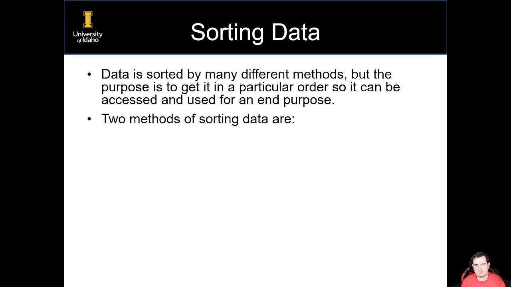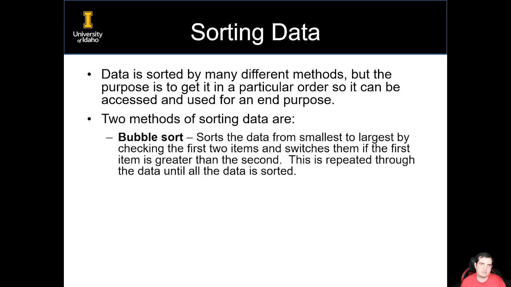Data is sorted in a lot of different ways, but the overall purpose is to get a particular order so that we can access it and use it for an end purpose. There are 2 methods of sorting data. Well, there's more than 2, but the 2 that we're going to talk about is bubble sorting. This sorts data from the smallest to the largest by checking 2 items and switching them if one is greater than the other.